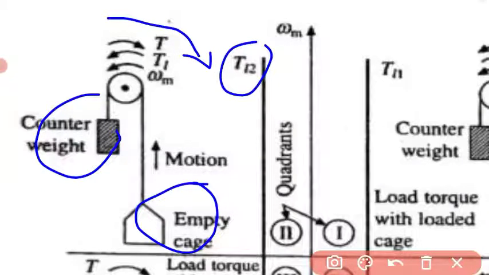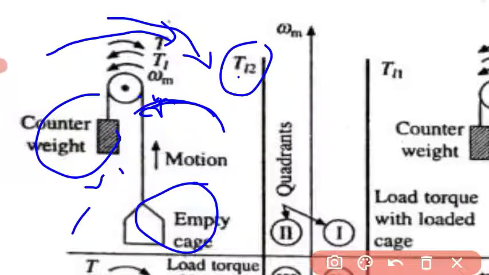Earlier it was in the anti-clockwise direction, now it will be in the opposite direction, meaning clockwise, whereas the motor rotation speed is anti-clockwise, but the torque developed by the motor is negative. So the power developed by the motor, the product of speed and torque, becomes negative, hence it is second quadrant operation.